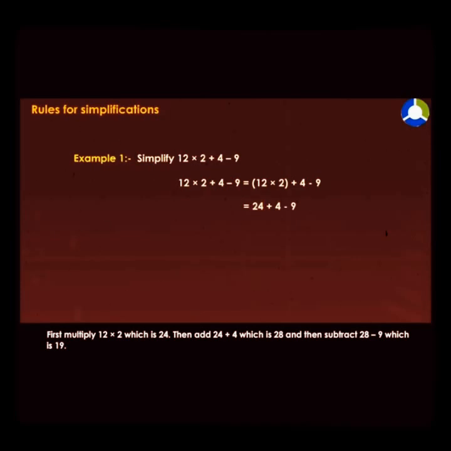Then add 24 plus 4, which is 28. And then subtract 28 minus 9, which is 19. Therefore, 12 multiplied by 2 plus 4 minus 9 equals 19.